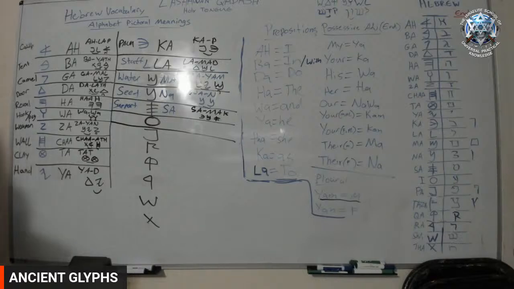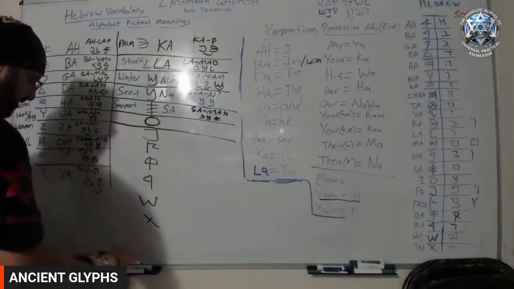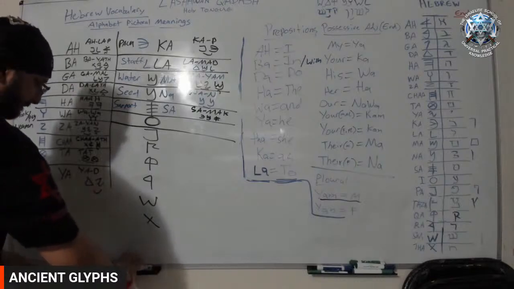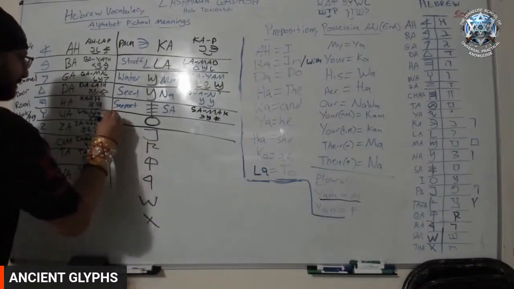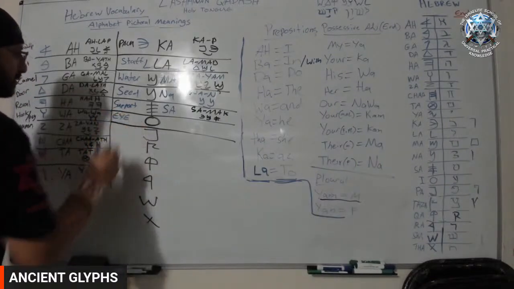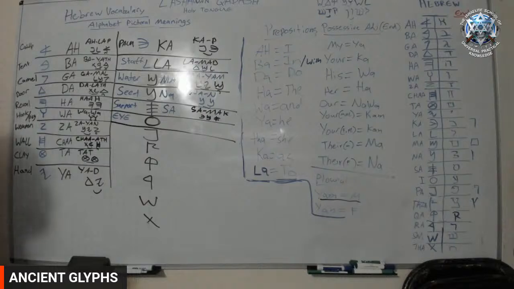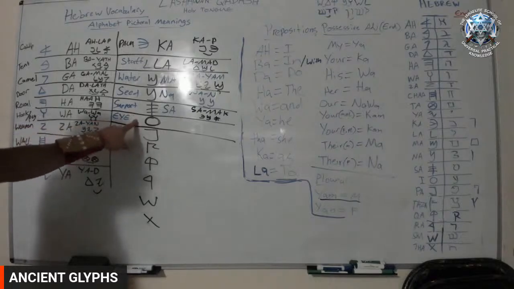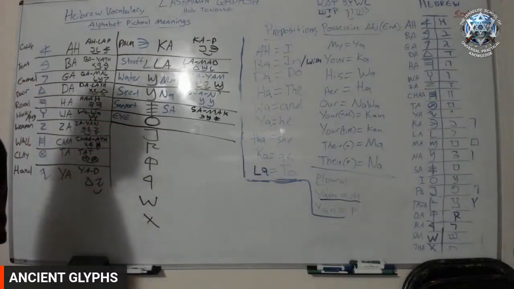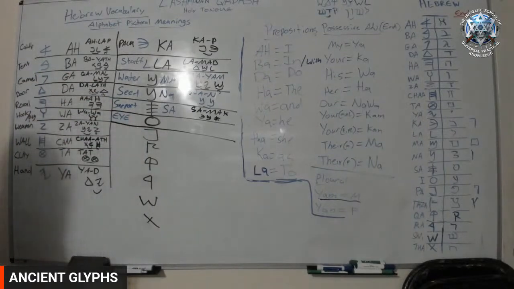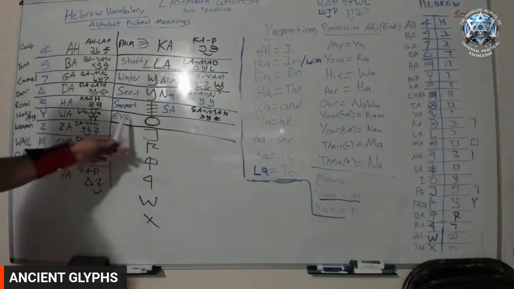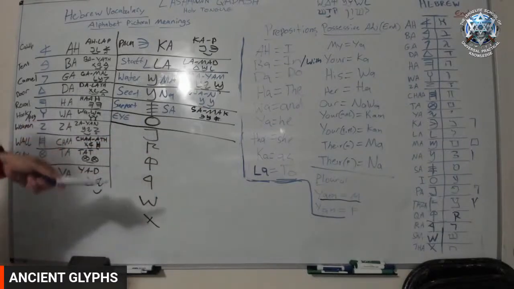Now we got this, the easiest one. That's exactly what it means. It has withstood the test of time because we call these eyes even today, even in English. The eye represents an actual eye: seeing, looking.